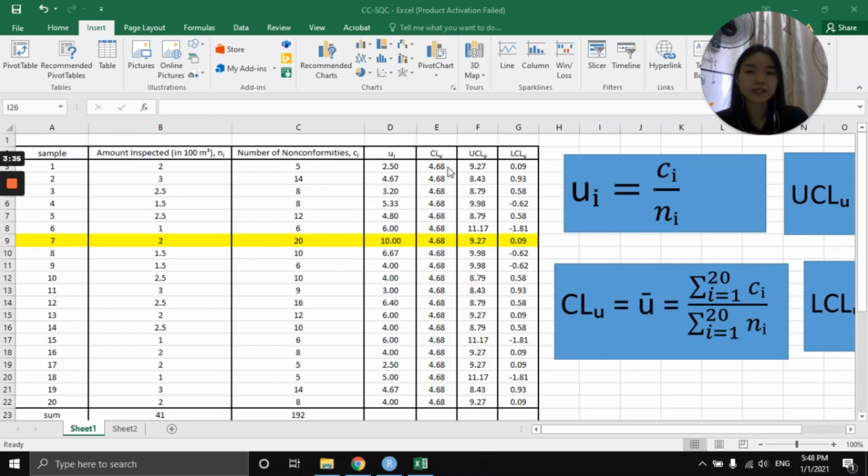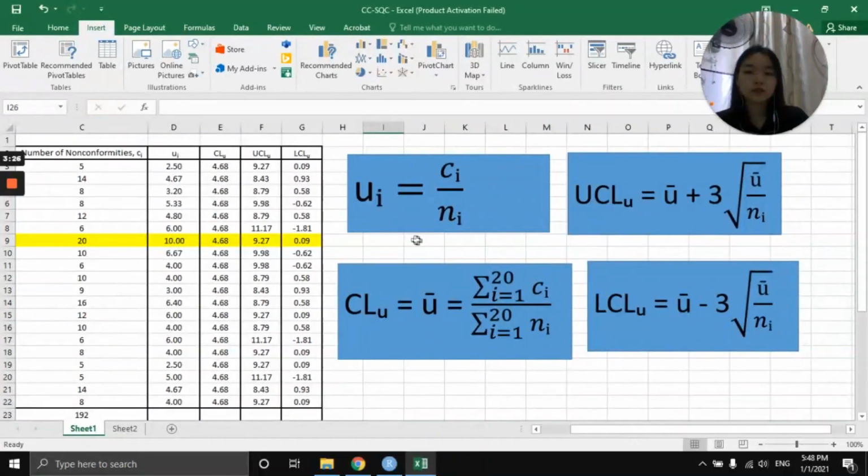After that, we need to calculate the UCLU, which is the upper control limit. We use the formula U bar plus 3 multiplied by the square root of U bar over Ni. For the LCLU, the lower control limit, we use U bar minus 3 multiplied by the square root of U bar over Ni.